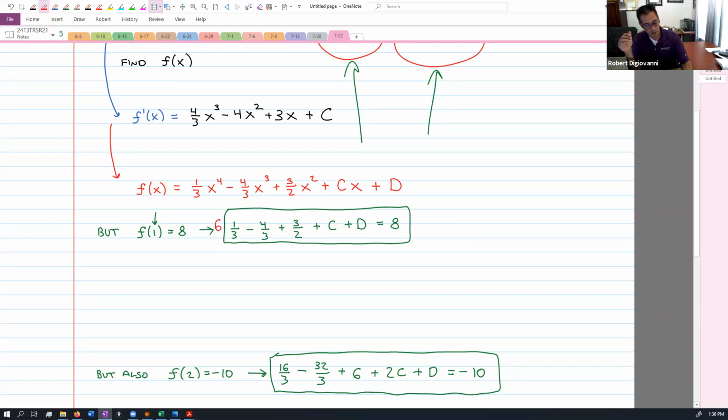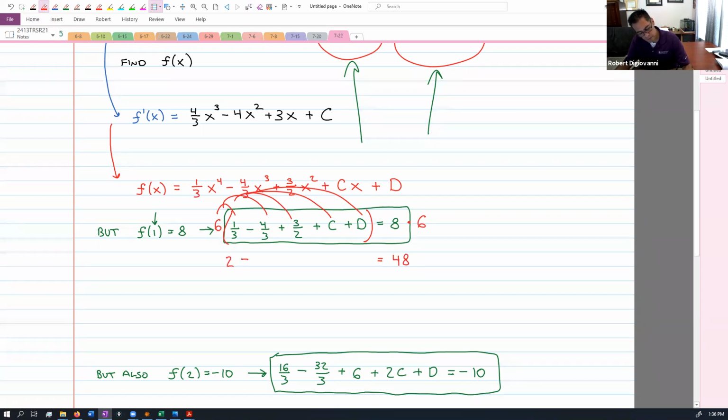I'm going to multiply the left side of this equation by 6 and the right side by 6, because I'm looking at the denominators 3 and 2. The least common multiple of both of those is 6. So if I multiply by 6, I should get something that has no fractions anymore. So I distribute here, here, here, here, here, and then the right side. You understand what I'm doing? Just deciding to not work with fractions.